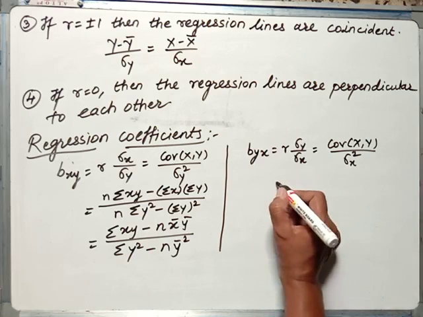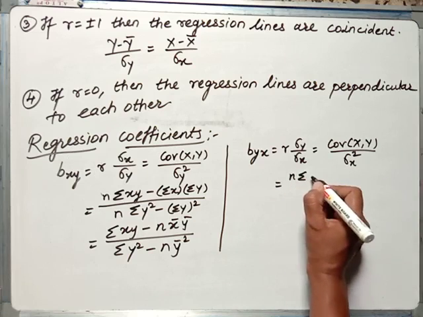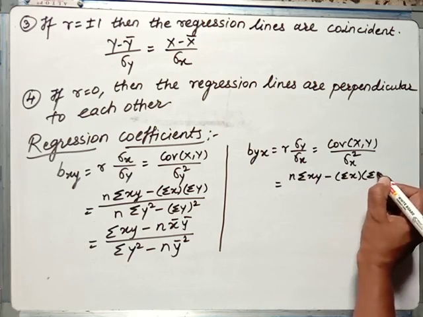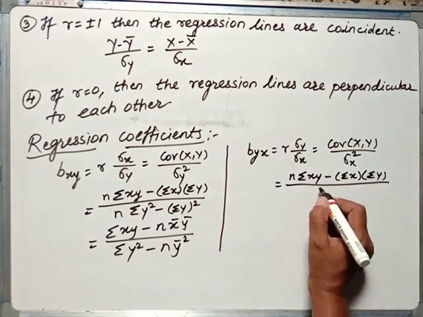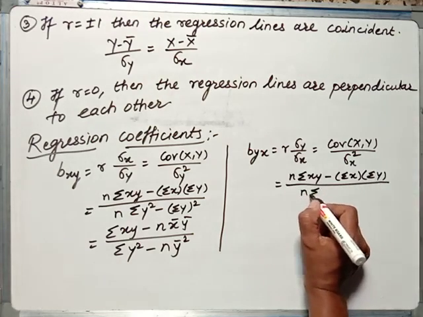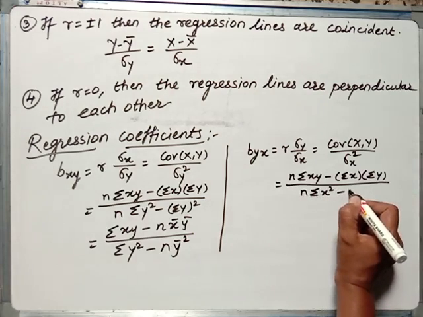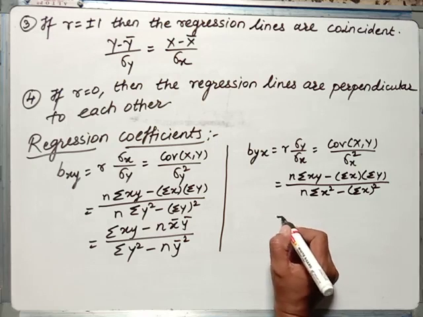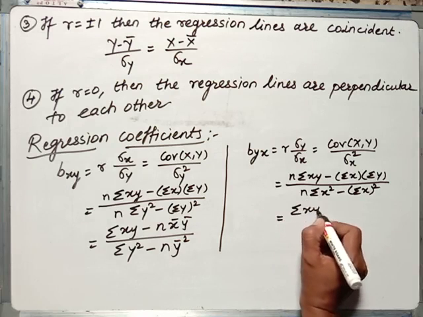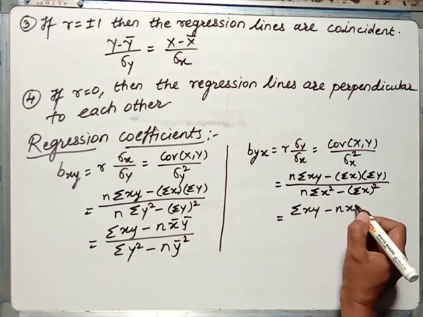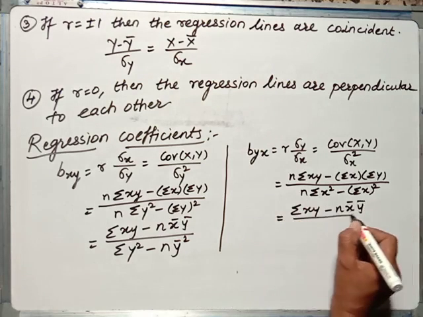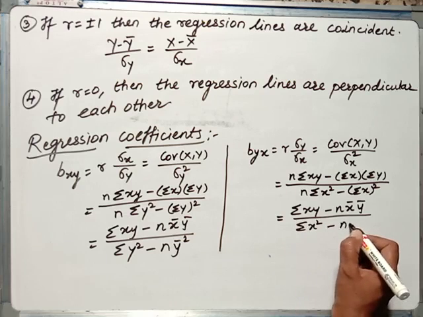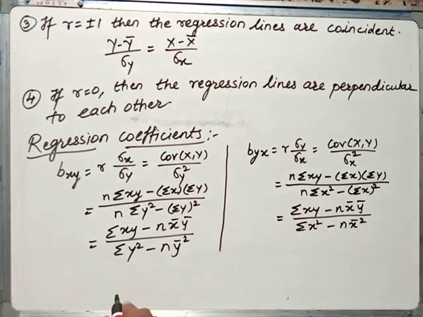That is the same as n into summation xy minus summation x into summation y, upon n into summation x square minus summation x whole square, or equivalently summation xy minus n x bar y bar upon summation x square minus n x bar square.